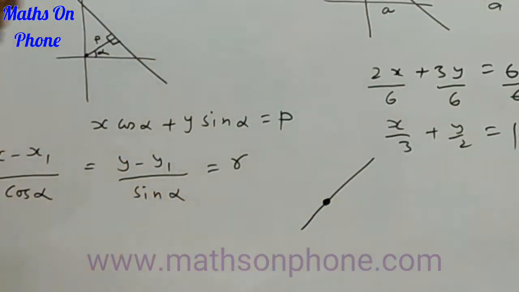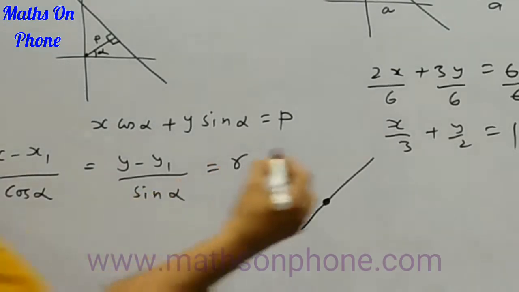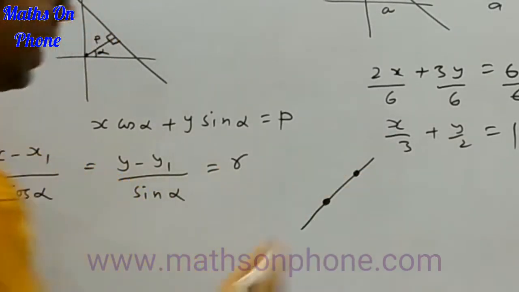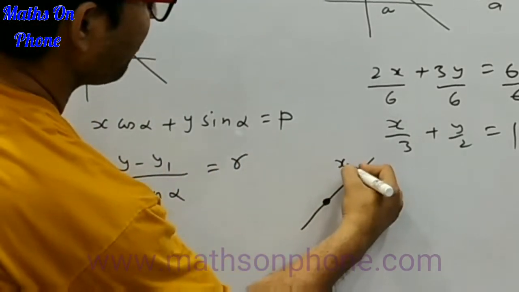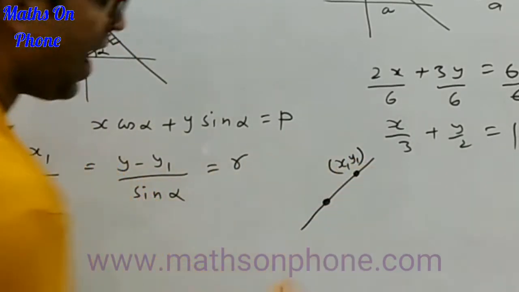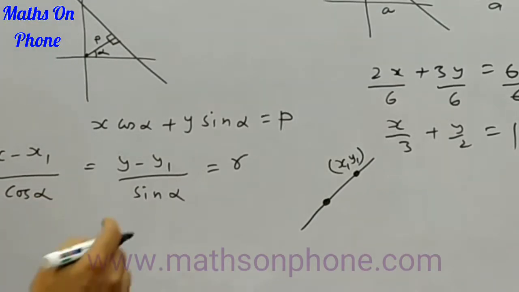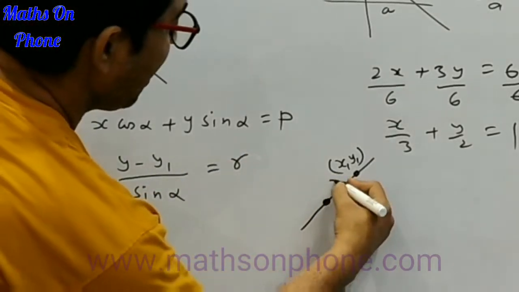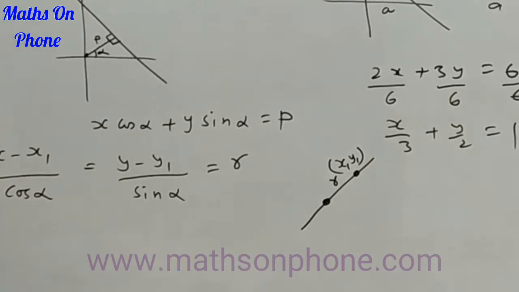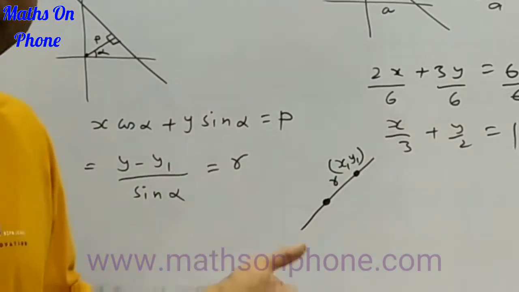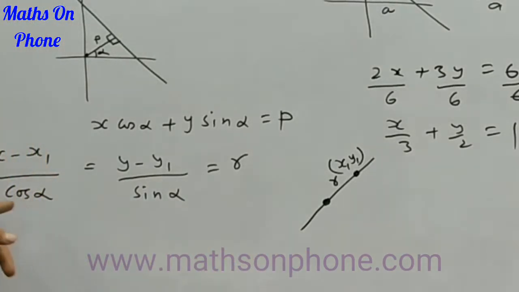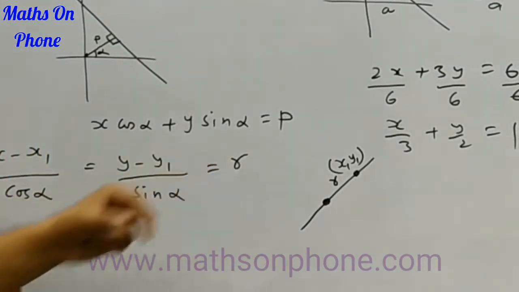If a line is there and there is a point on the line, that means along the line, which is x1 comma y1, and the distance from the given point is r, and the slope of that line is tan alpha. If the slope is tan alpha, we can easily get the value of sin alpha and cos alpha.